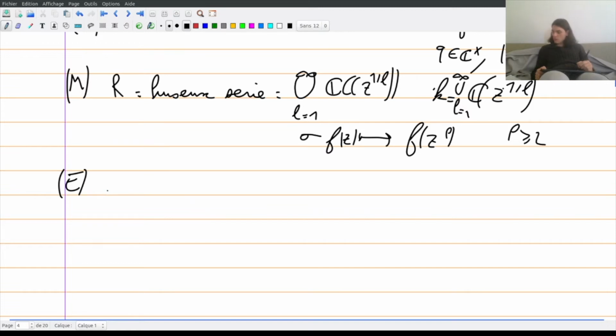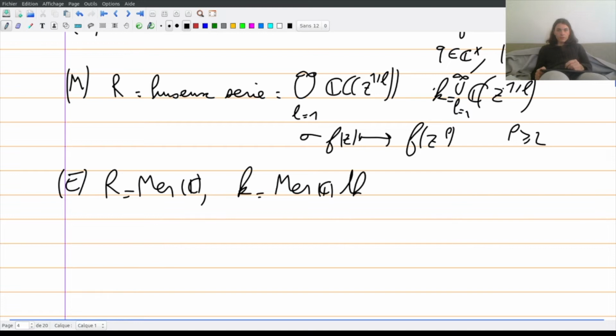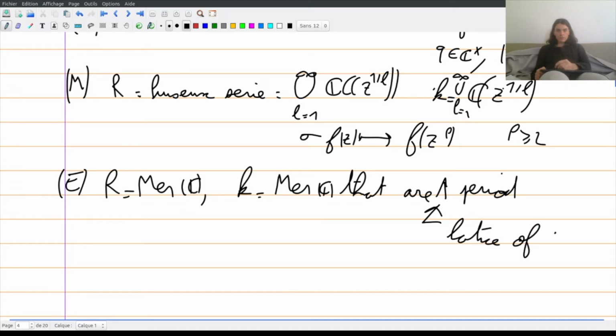And finally, the last example I want to consider: R is the field of meromorphic functions over C. K is the meromorphic functions over C that are lambda-periodic, where lambda is a lattice of C, so it's functions that have two periods, and sigma maps f(z) to f(z + h).